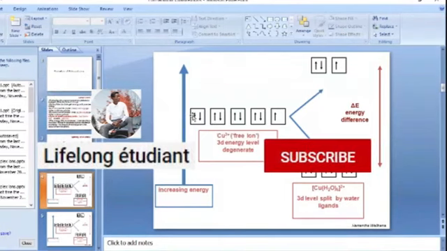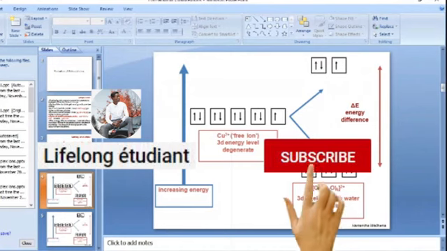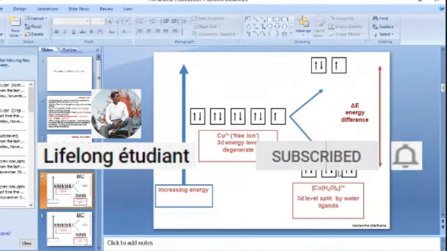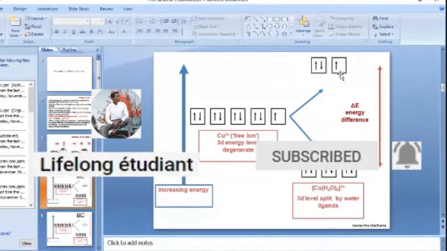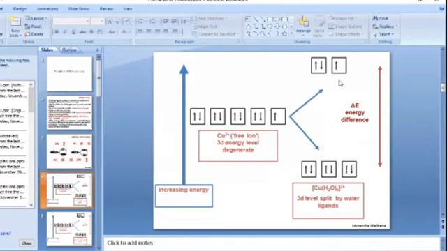Now the d orbital electrons must be arranged in the split. So for this case, one electron can be excited to go to fill this one up here. In the process of doing that, energy is absorbed by this electron down here to be able to go to the higher energy level.